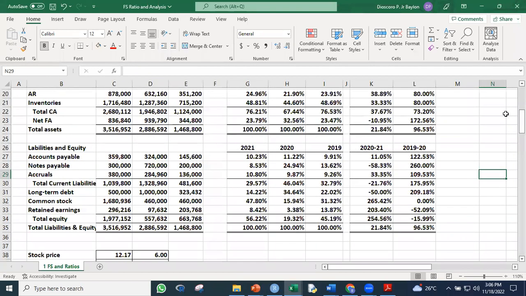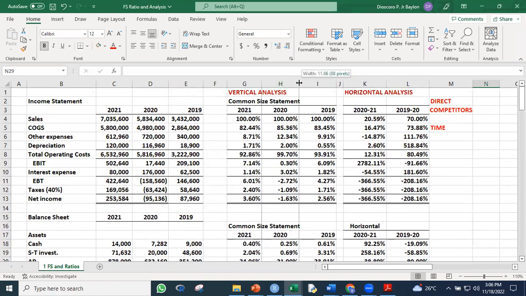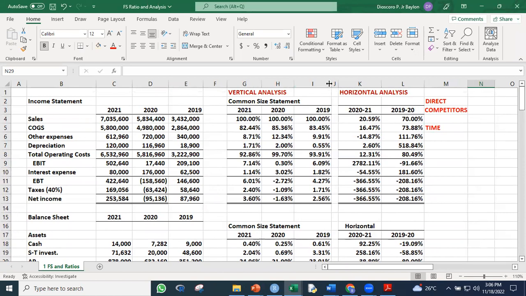Okay, so we have now this vertical and horizontal analysis. Vertical analysis is also known as common size statement. So what happens here is that depending on the financial statement, everything is expressed in terms of one figure. For the income statement, it's sales. For the balance sheet, it's total assets and total liabilities. So here we're able to do some interpretation.